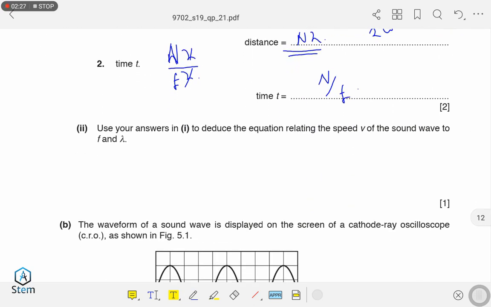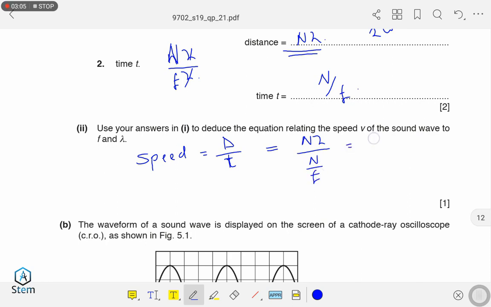Use your answer in 1 to deduce the equation relating the speed of the sound wave to f and lambda. They are basically asking for the equation of the wave. Speed is equal to distance over time. We have just seen that distance is n lambda and the time is n divided by f.